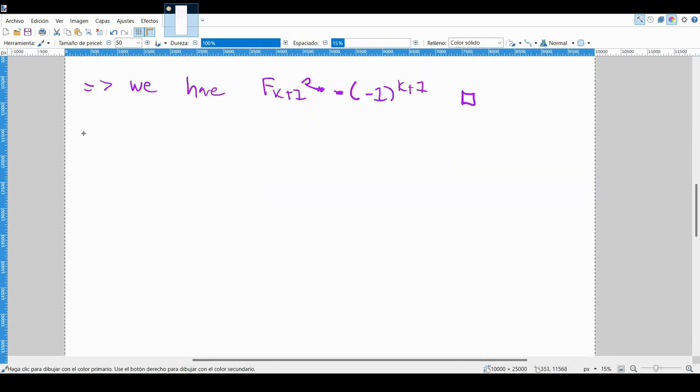Next, we will do the second part, and we want to consider the limit as n goes to infinity of fn divided by fn minus 1, and we will assign this an arbitrary value, which we will denote as x.